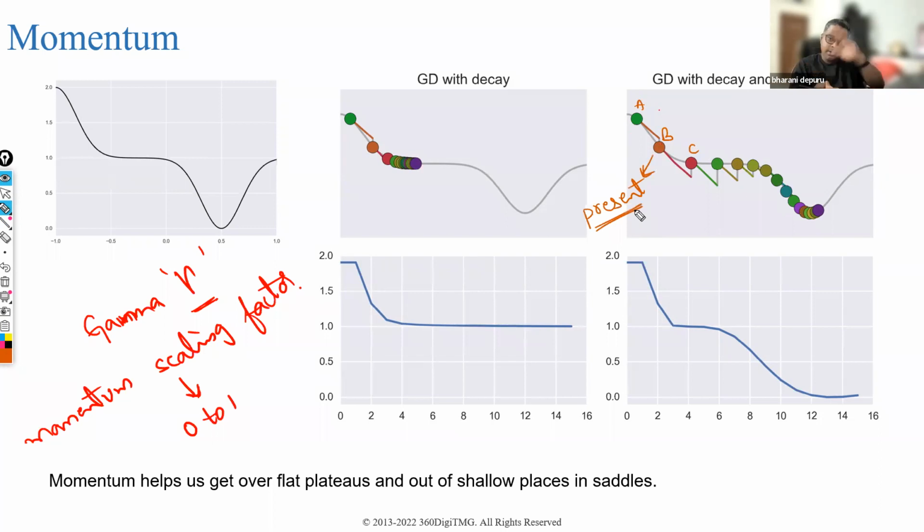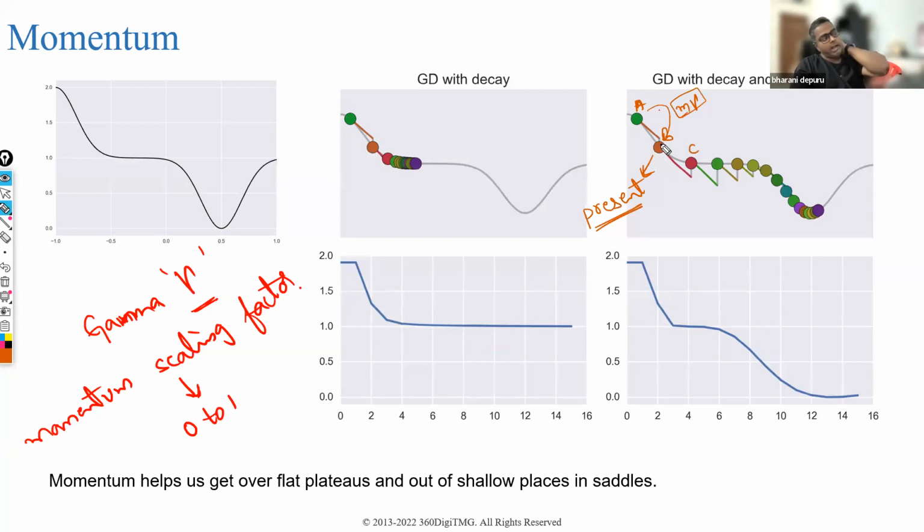We look back at the previous point A, from A to B. To move from A to B, what was the gradient change? We call it M. That's called momentum. We multiply it with the momentum scaling factor called gamma, and gamma value ranges from 0 to 1. Keep M times gamma aside from the past.